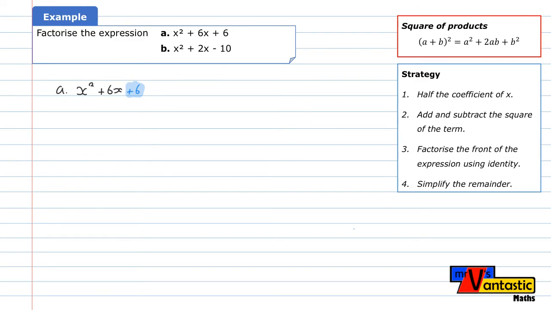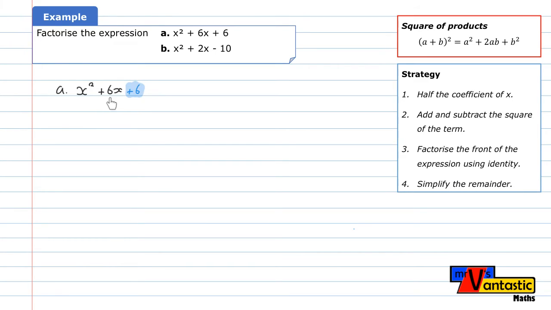One way to do this is we can try and make a perfect square. That will certainly give us a nice answer. But this expression is not a perfect square. So the question becomes, could we make it a perfect square?